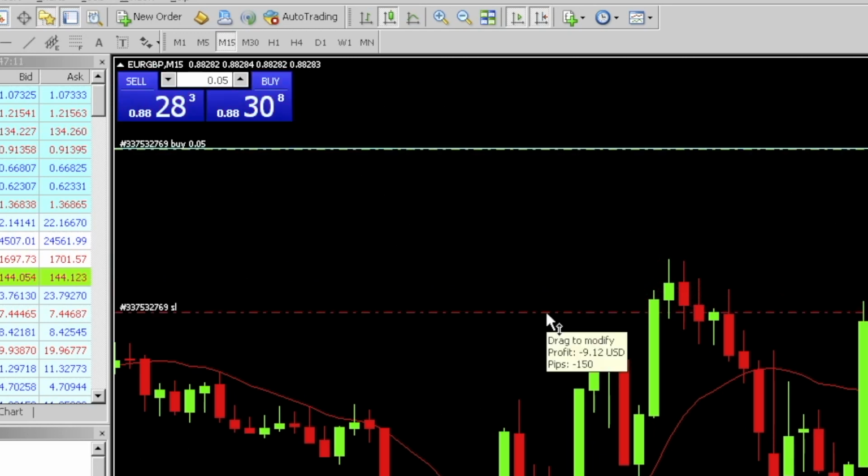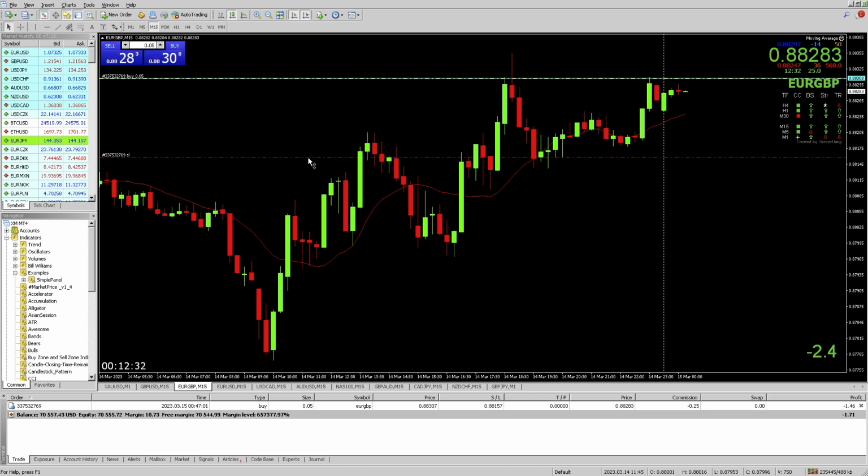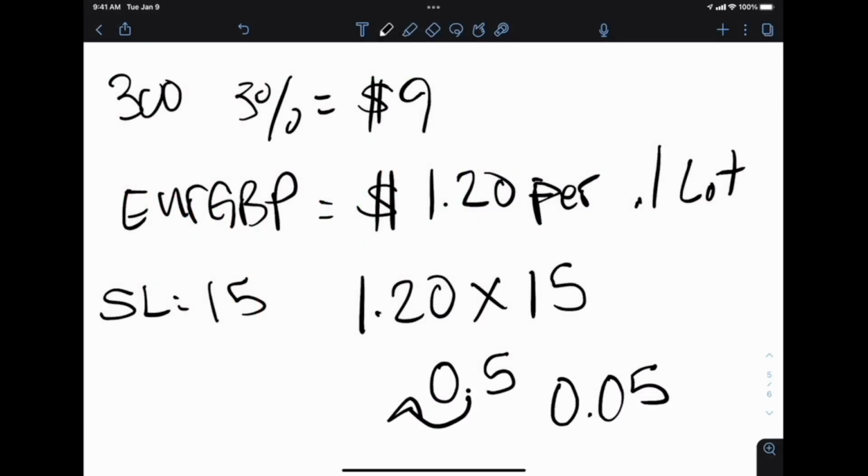If we drag that down, you can see that's about $9.12, give or take, so right around that area, but it's still right around the risk that we're trying to actually risk. Okay, so that's how you actually calculate those different pairs that have different pip values. The same holds true for those that are less as well.